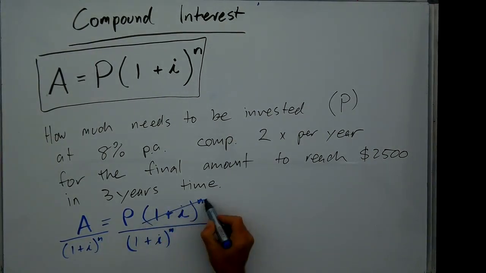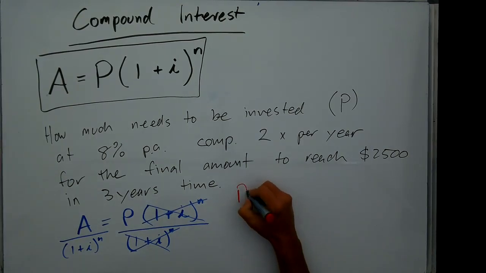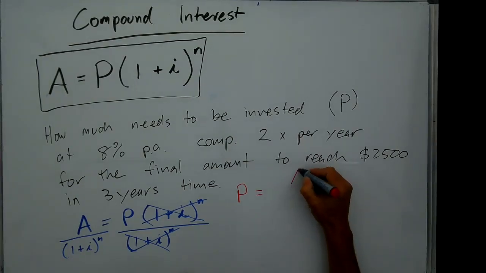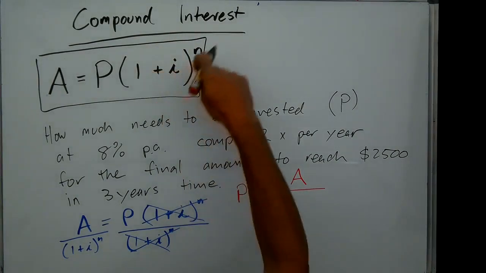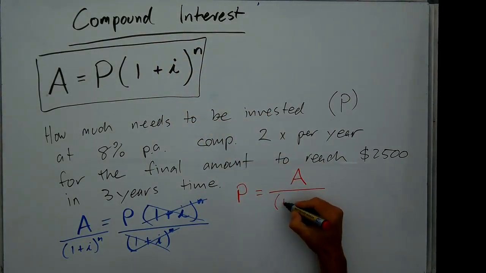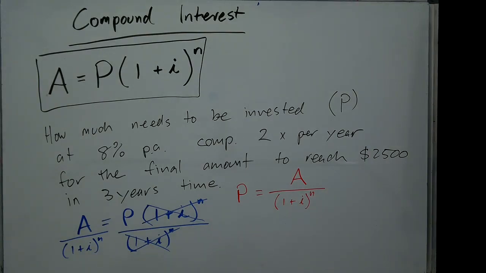So that whole thing cancels out with that. And we end up with, so this is a rearrangement of this formula, I'll write this one in red, the principal equals the final amount divided by 1 plus i to the n. So this allows us to work out the starting principal if we know how much we want to reach.